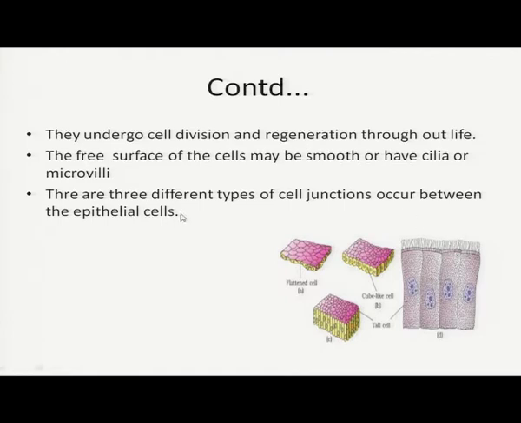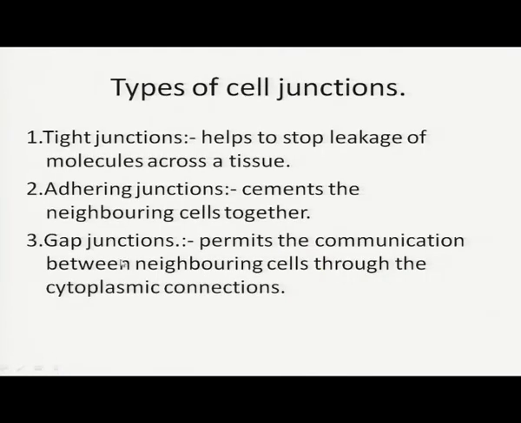There are three different types of cell junctions that occur between the epithelial cells. Now, what are these different types of cell junctions that we can observe within these epithelial cells? There are three different types. The first one, that is tight junctions. Second one is known as adhering junctions.